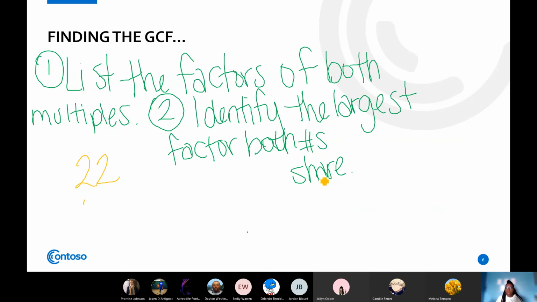Let's do 22 and 33. Remember, we always start with 1 and the number.